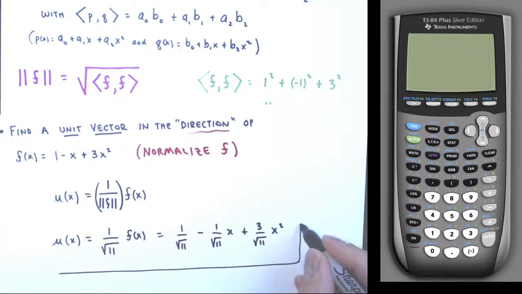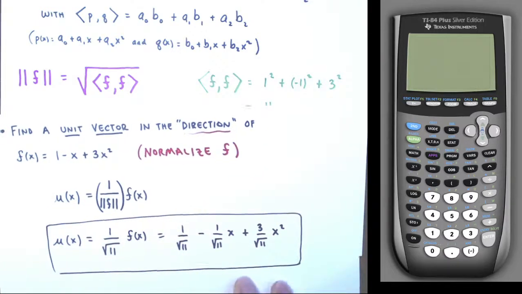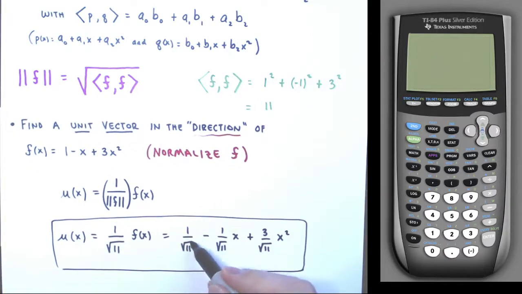There you go. And if you would like to rationalize the denominators, be my guest. This would be the square root of 11 over 11. This would be the square root of 11 over 11. And this would be 3 times the square root of 11 over 11. Totally fine. And you can double check. Find the norm of u. Let's find the norm of u.